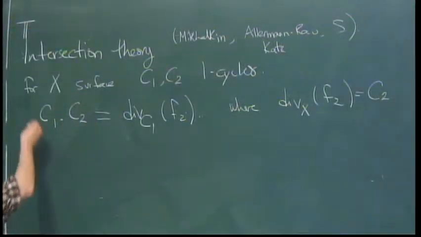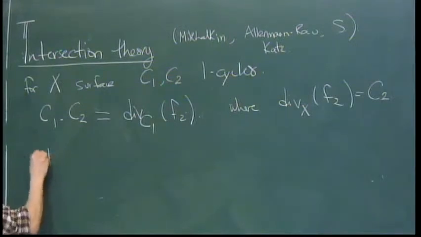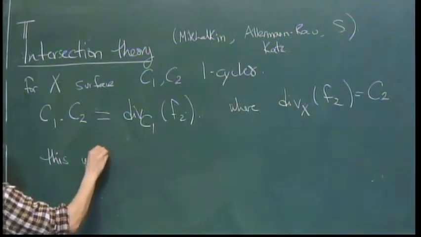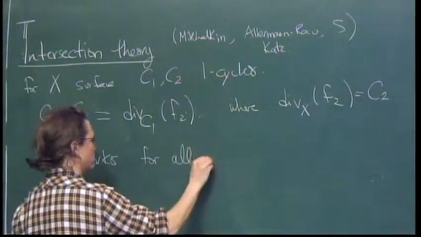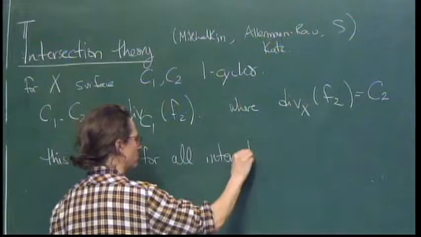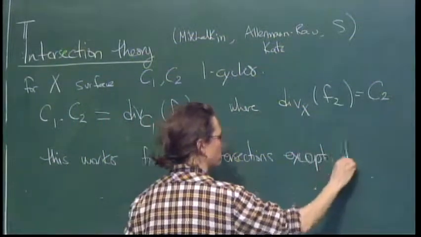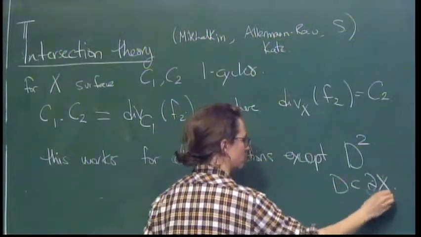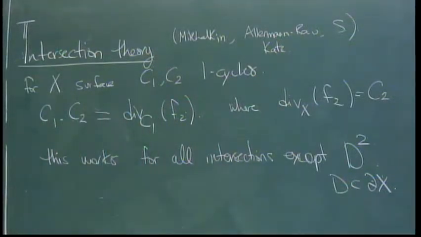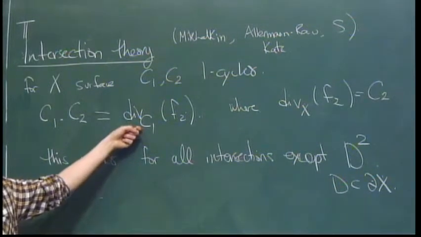But this works great in dimension 2 everywhere except for self-intersections of boundary curves. And this is just sort of lucky because we know that the tropical zeros of functions are sort of strange.